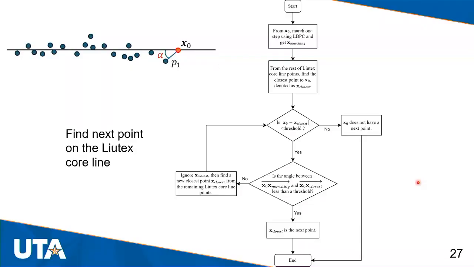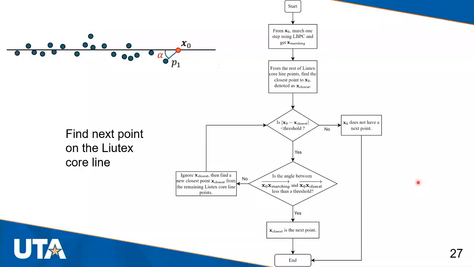The direction of the matching is actually the gradient direction, which is the real vertex direction. But since we work numerically, we can tolerate some error. If the angle is almost parallel, less than a threshold, that means we want them to be parallel but can tolerate some error. If these two conditions are satisfied, then this point is the next point.